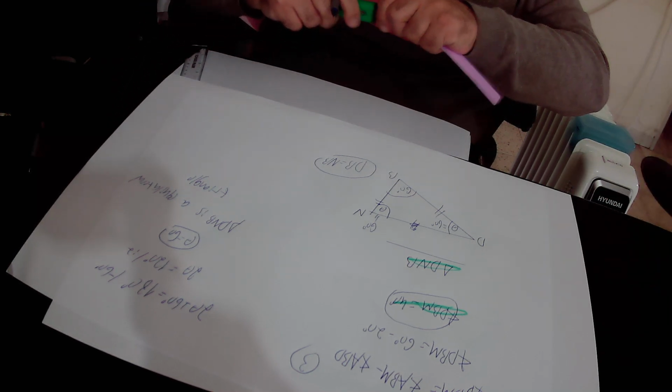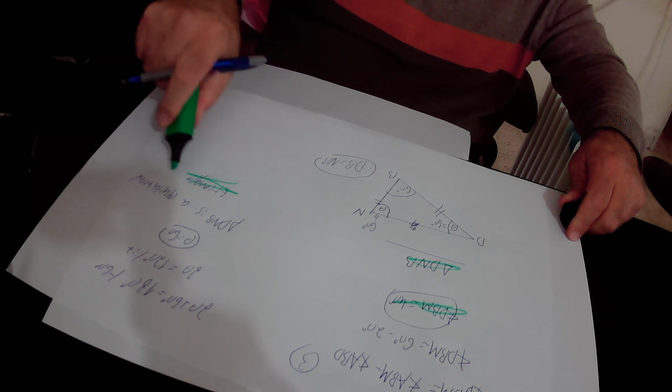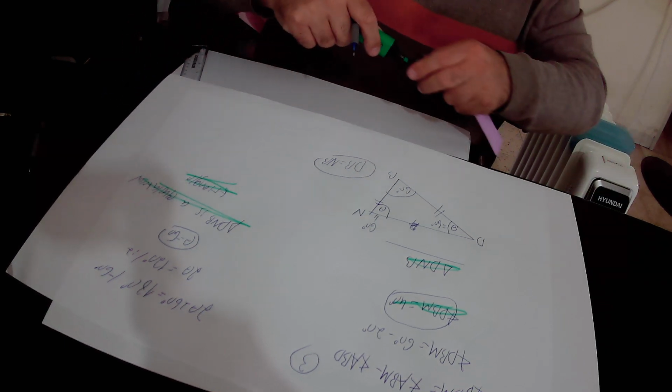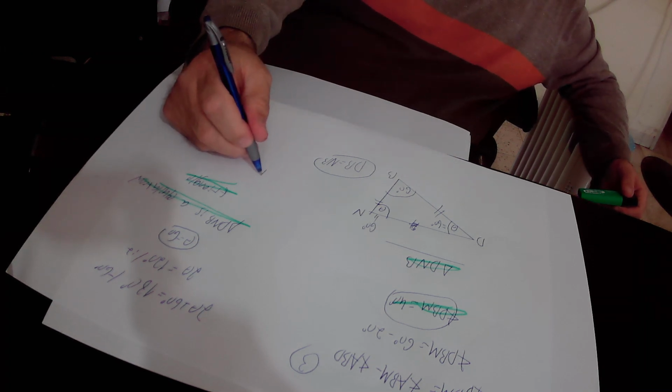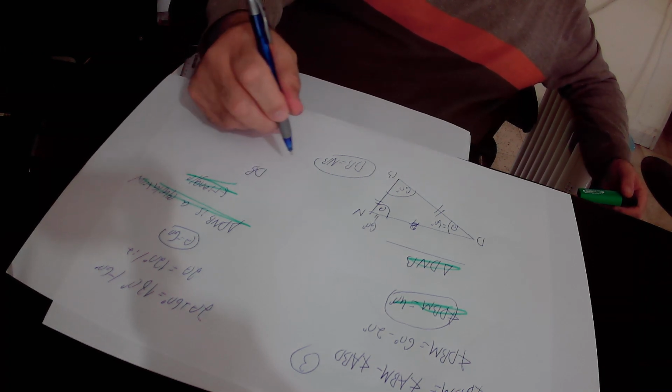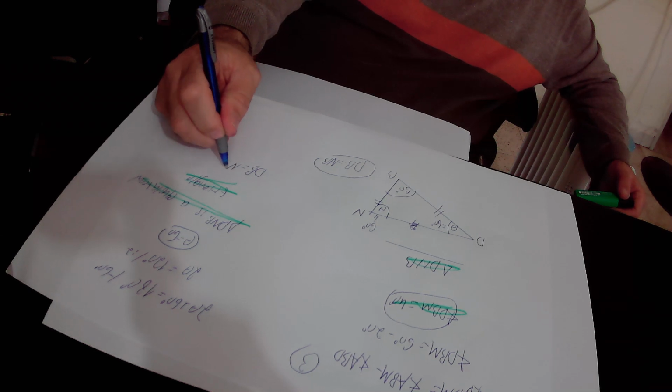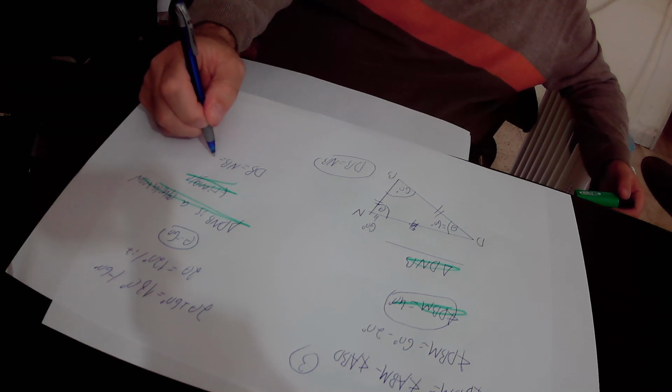In any equilateral triangle, all the sides are equal to each other, of course. So in triangle DNB, side DB equals side NB equals side DN.